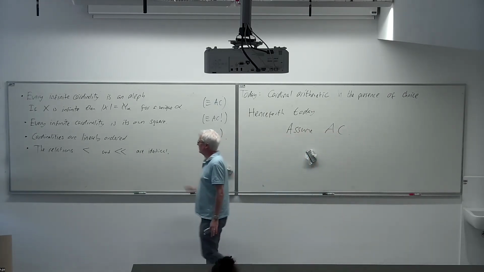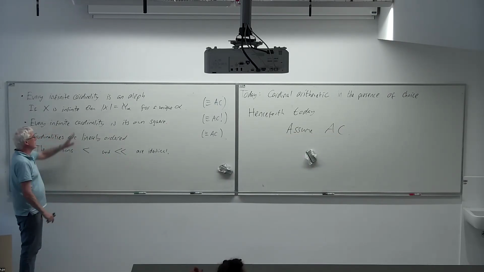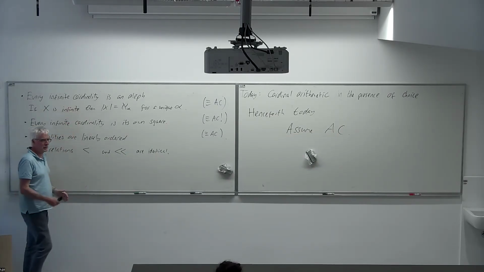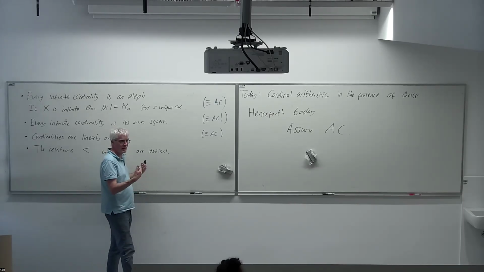So once we know that every infinite cardinality is an aleph, well, also two lectures ago, we proved that if we have a coproduct of two alephs, then you again get a sum of two sets. If they're both well orderable, you again get a well orderable set.